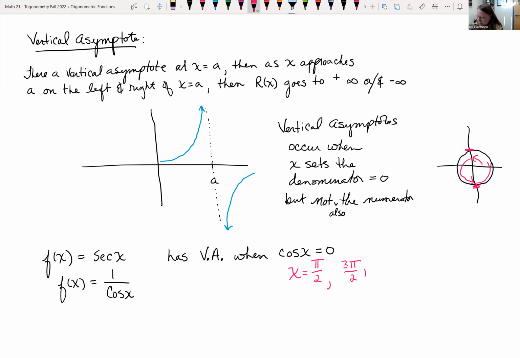Rotate again, so we could do more than a full rotation, or a full rotation, so 5 pi halves, dot, dot, dot, 7 pi halves.